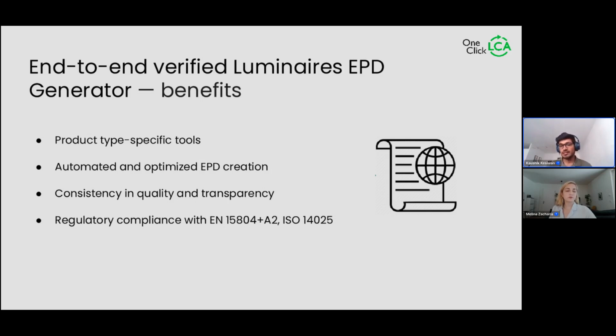That way we can avoid any chances of error, and it's all comparable because of that as well. The EPDs coming out of this generator would be compliant with EN 15804 as well as ISO 14025, the former being the EPD standard, and ISO 14025 being the standard for third-party verification.